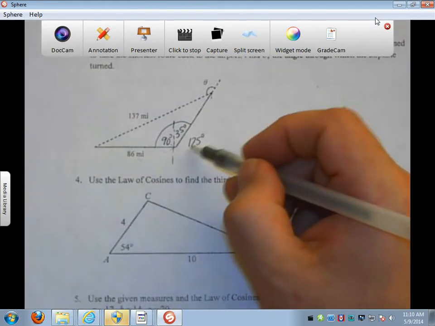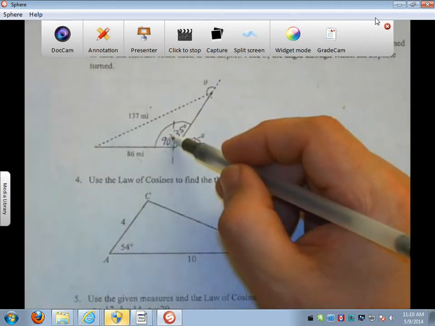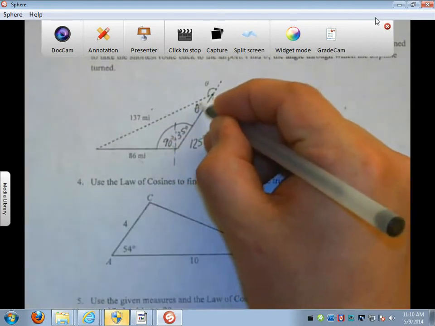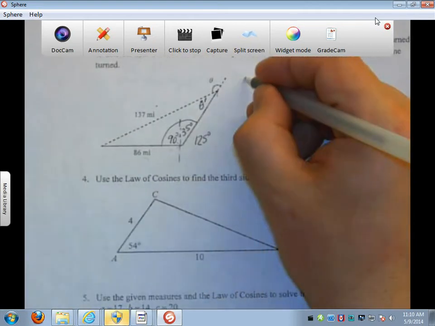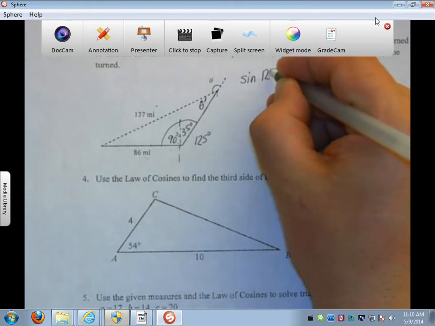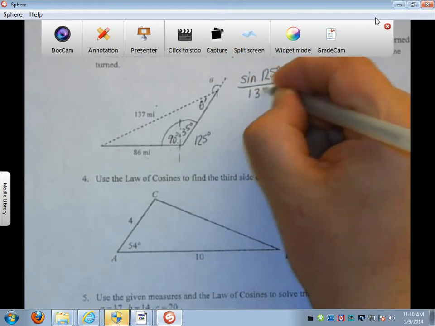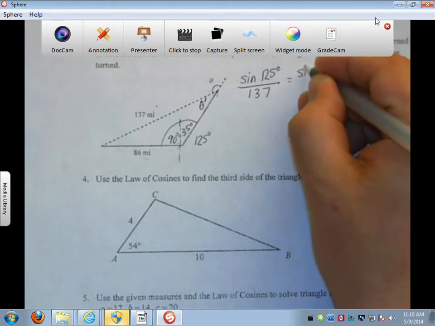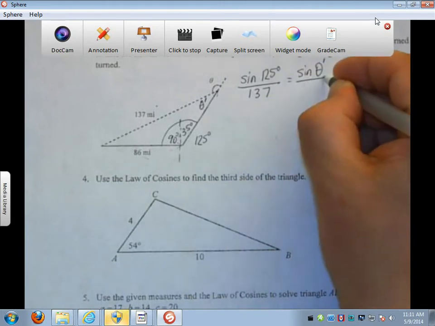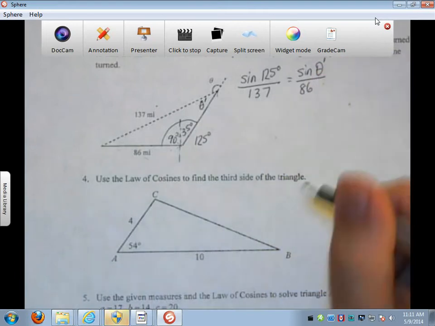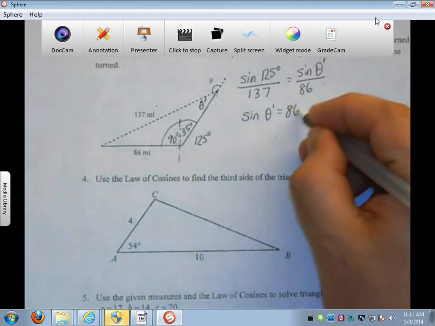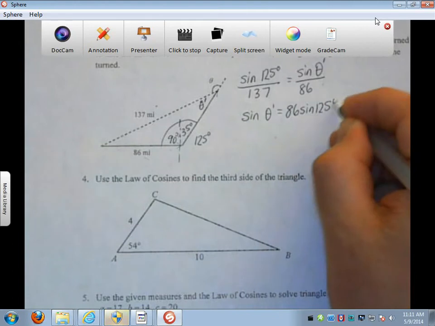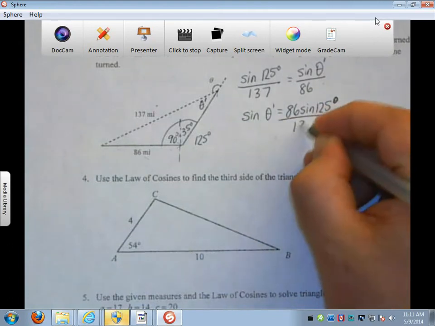So we have a side-angle pair that we know, and we're going to look for this angle right here, which I'll call theta prime, in order to find the angle that we need to turn around. So using the law of sines, the sine of 125 degrees over its opposite length of 137 equals the sine of that reference angle over 86. So sine of theta prime equals 86 times the sine of 125 degrees, all divided by 137.